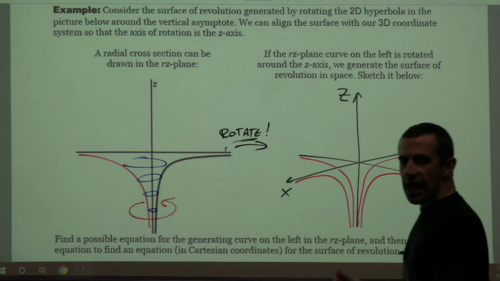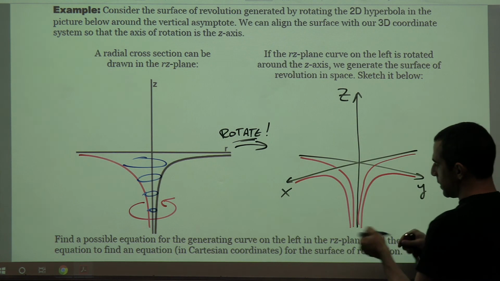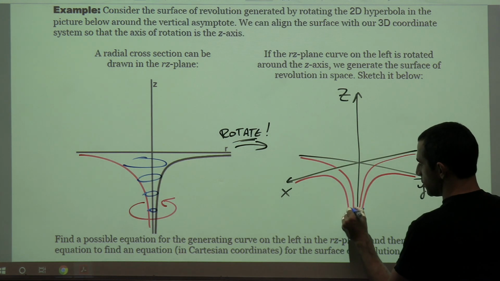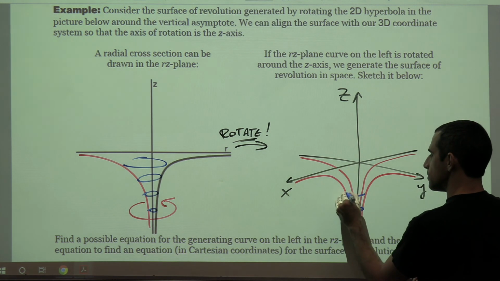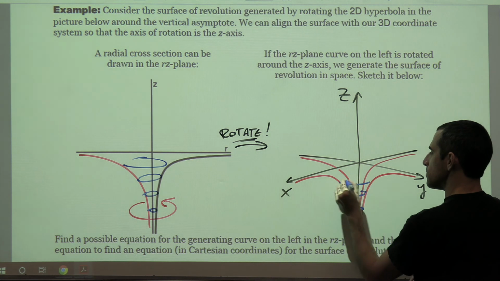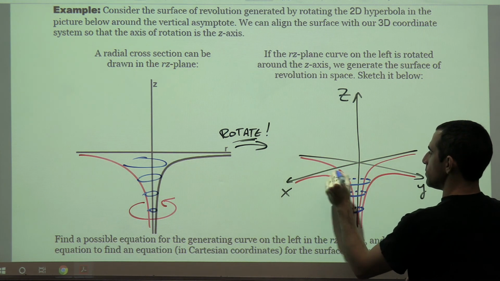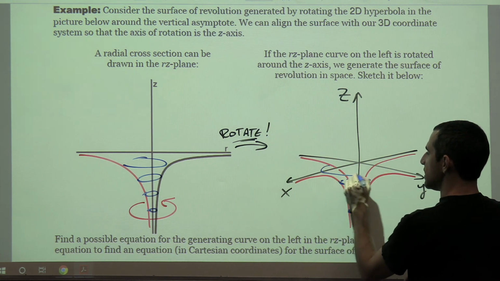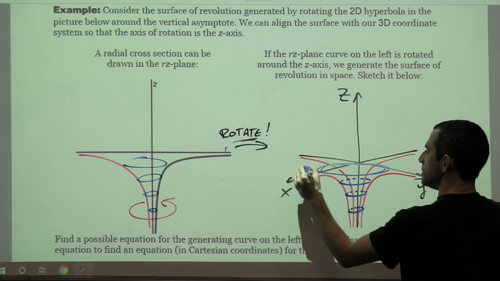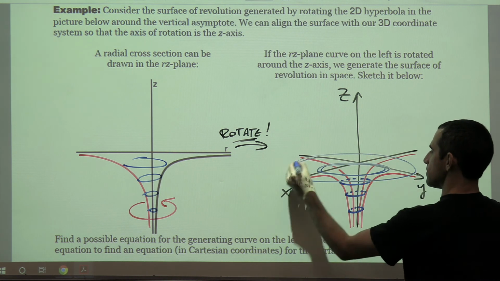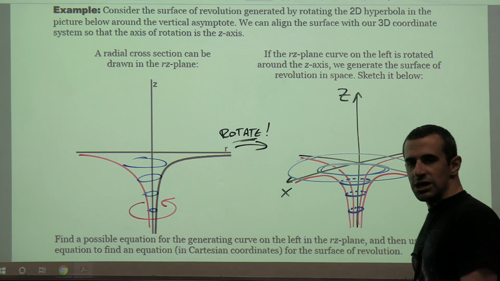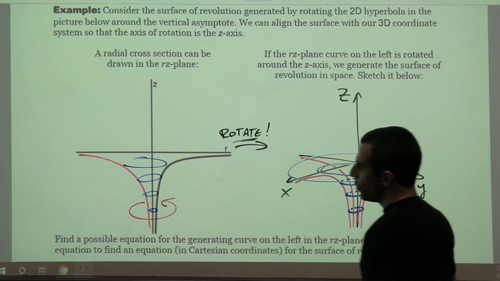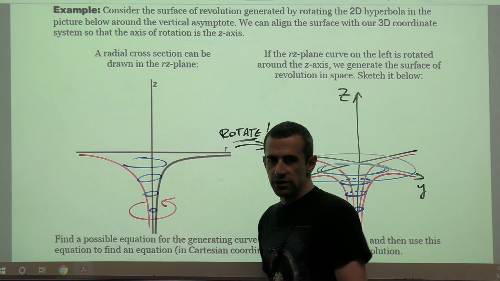And then I can just add a few horizontal cross-sections to this picture. Those are all circles. And then the other cross-sections are a little bit harder to draw, but it's the same idea. So that's the three-dimensional surface that we end up with when we rotate this hyperbola around the central axis.